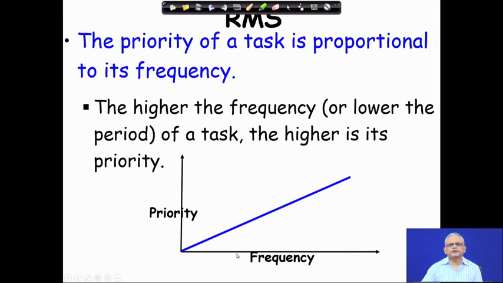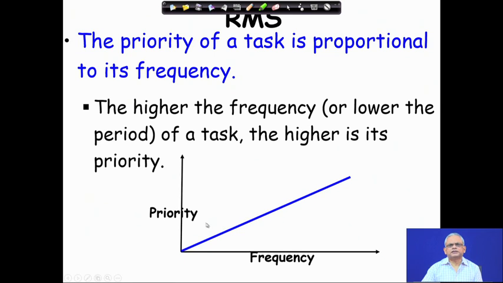So, if we arrange the tasks in order of the frequency or the rate of arrival, then the priority should be increasing in order of their frequency, or decreasing in terms of their period.